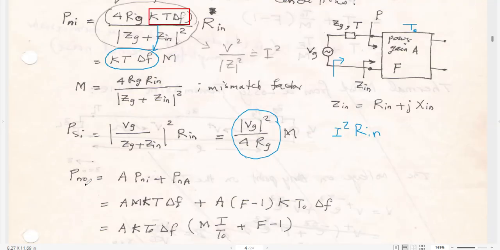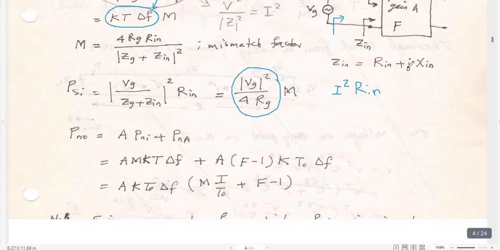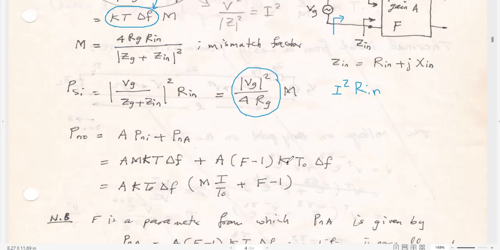Now, the noise output power of the amplifier is the noise input from the generator resistor times the power gain, plus the noise contributed by the amplifier. Now, the noise contributed by the amplifier is given by this equation.